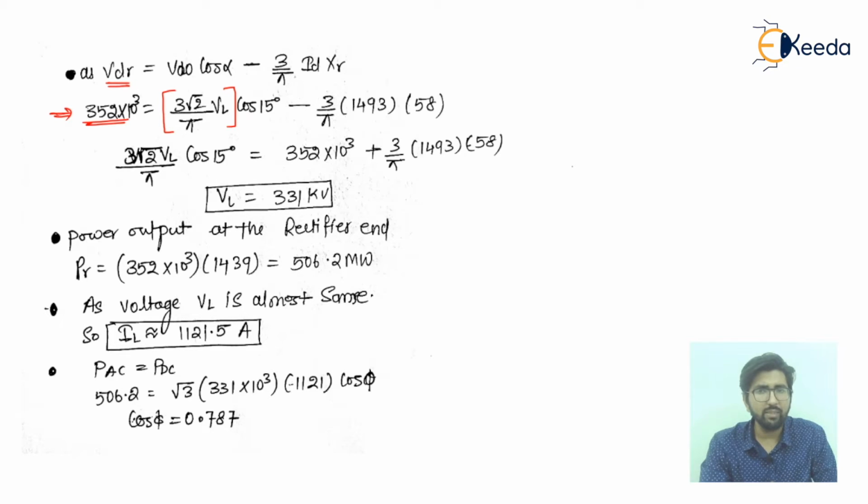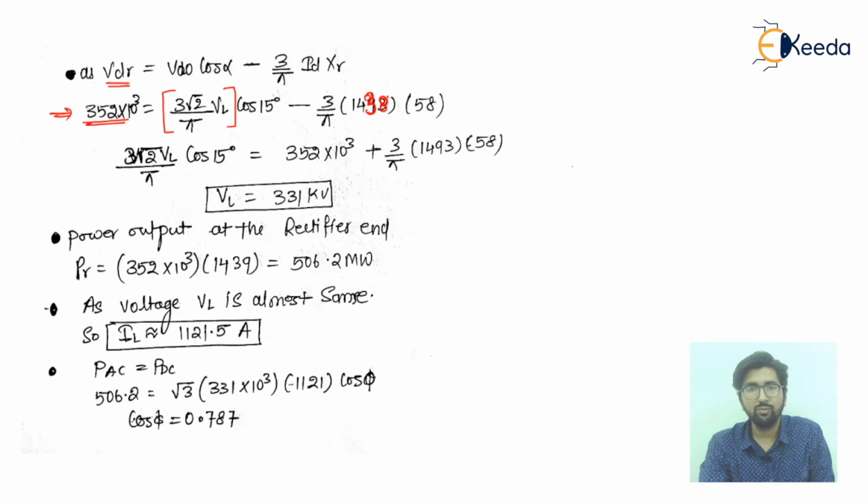So minus 3 upon pi, that is written above, and put the value of ID. That is also going to be 39. And put the value XR, that is 58. Okay, that is actually 38. So put 38 here. One second. That is going to be 3, and it is going to be 8.